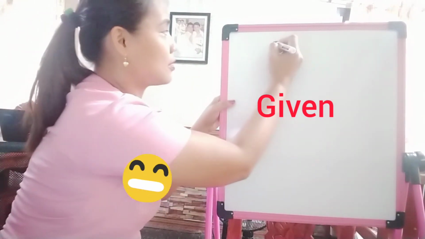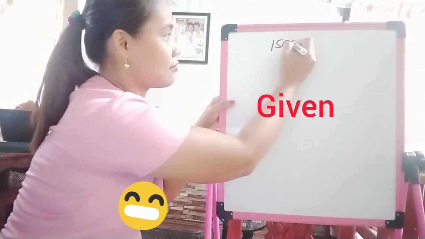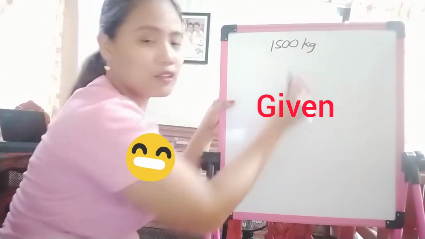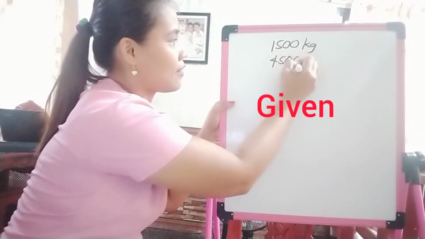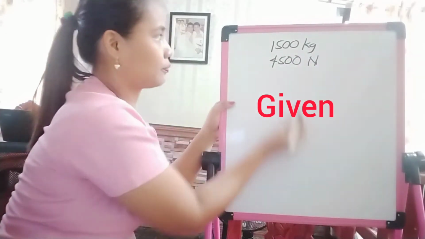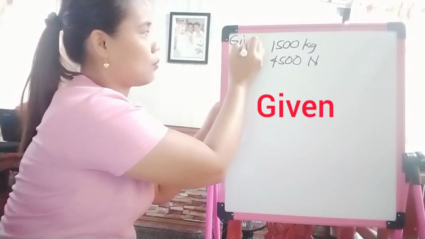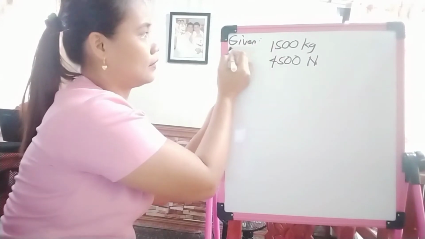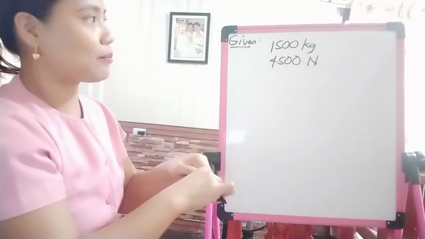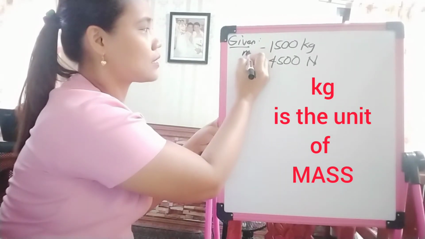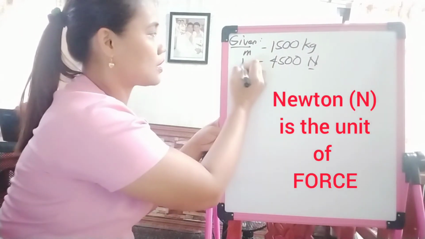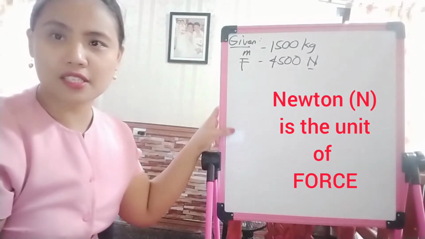We have 1,500 kilogram and 4,500 Newton. So that is our given. You have to remember that kilogram is the unit of mass, while Newton is the unit of force.